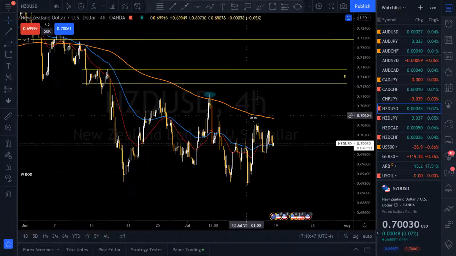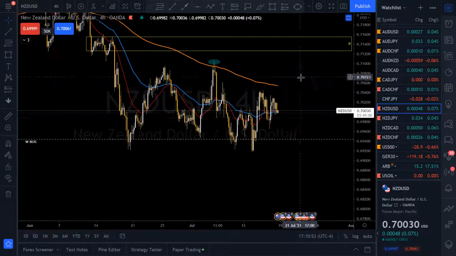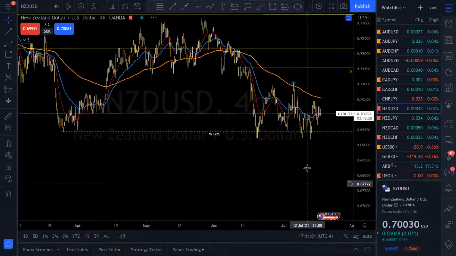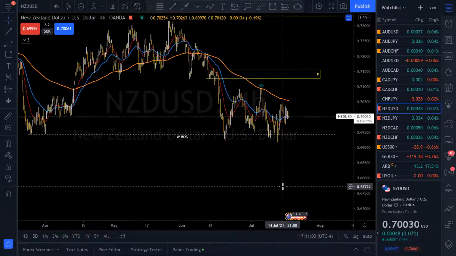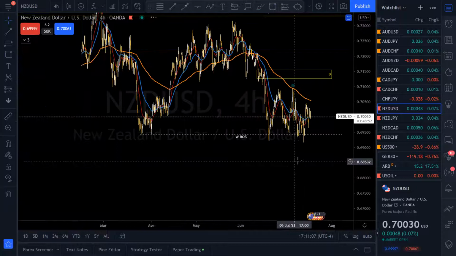We're going to notice that we have the 200 here with the 20 crossing over, actually pinching the 50, and the 20 and 50 are pinching, but we're still below the 200. This is a bearish structure here, and I'm looking for more downside with the New Zealand USD pair.